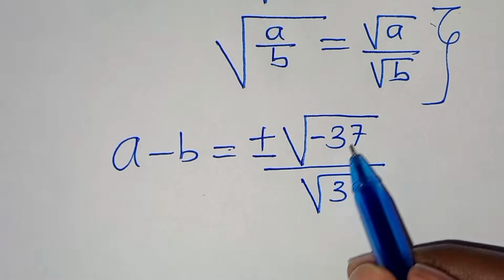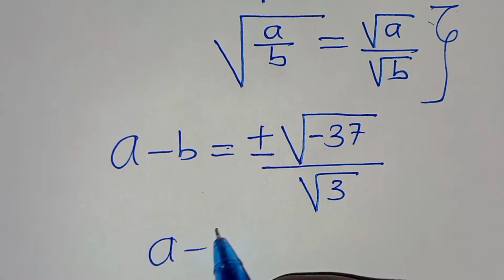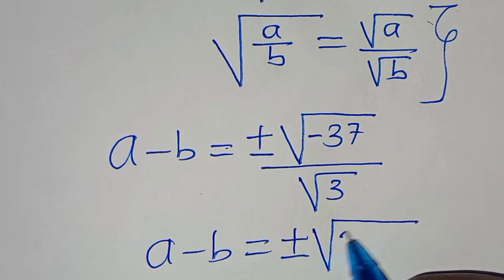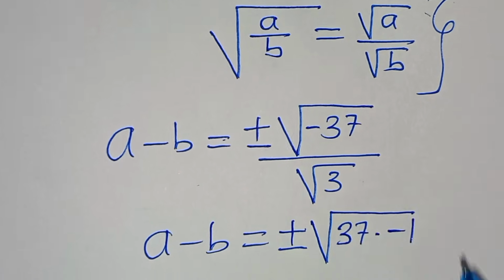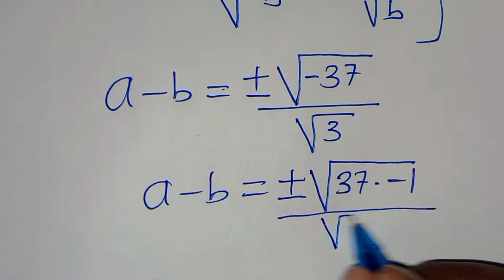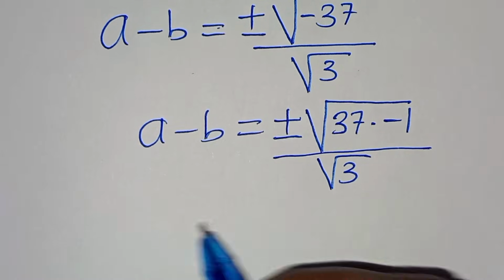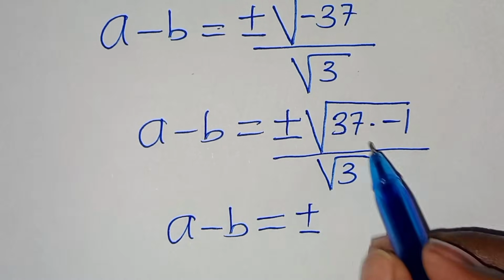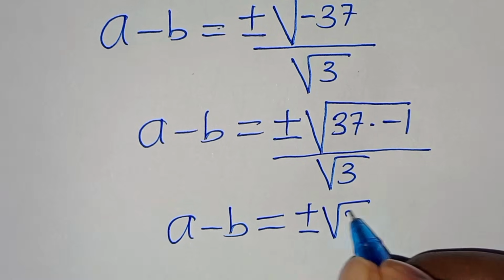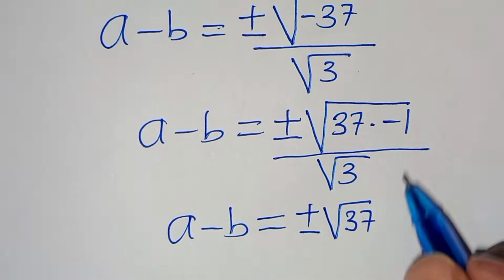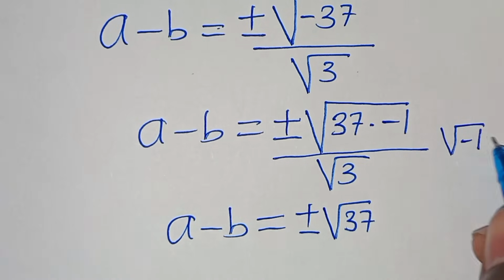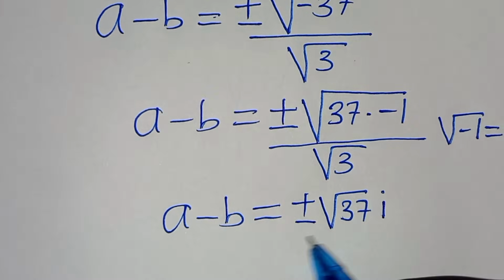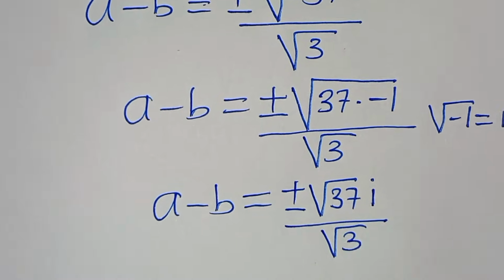We can express the square root of minus 37 as the square root of 37 multiplied by minus 1. The square root of minus 1 is the same thing as i. So we have square root of 37 i divided by square root of 3.